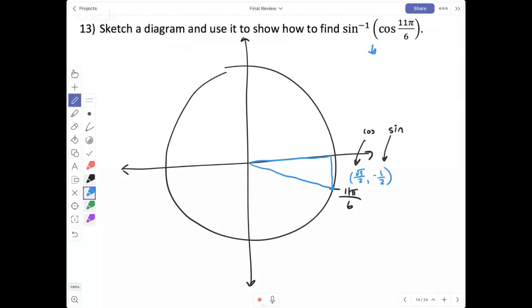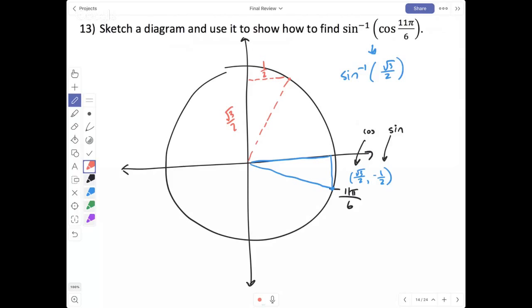So this has become the inverse sine of root 3 over 2. Now my new question becomes, how do I find the inverse sine of root 3 over 2? That's a way of asking, for what angle will the sine be root 3 over 2? I'm going to go up here and find root 3 over 2 on the y-axis. This is up root 3 over 2 and over 1/2.